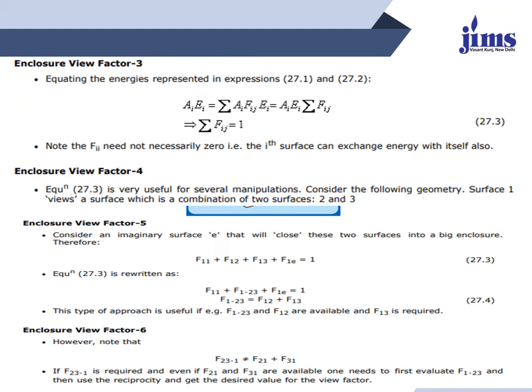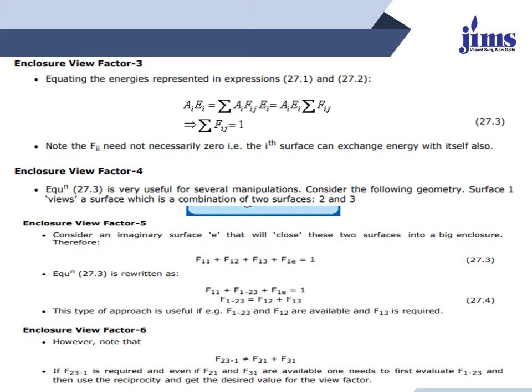When the radiation emanating from a convex surface 1 is intercepted by the enclosing surface 2, the shape factor of the convex surface with respect to the enclosure, F12, is generally unity.